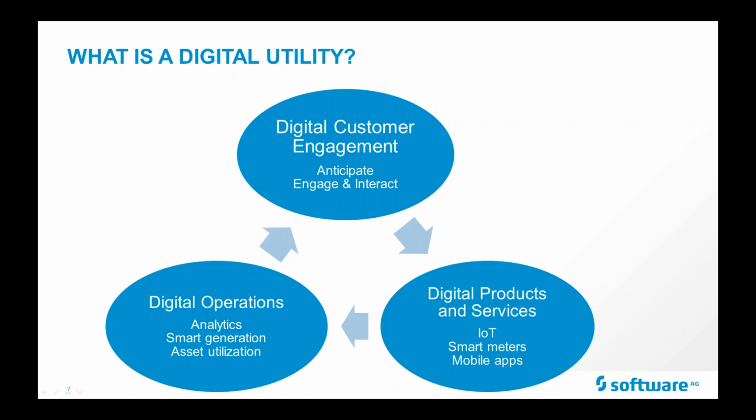The second point is all about digital products and services, how you need to tweak, how you need to tune, and how you need to innovate your products and services to provide that level of service that the modern consumer is tuned for. So for example, you have to provide a mobile app.